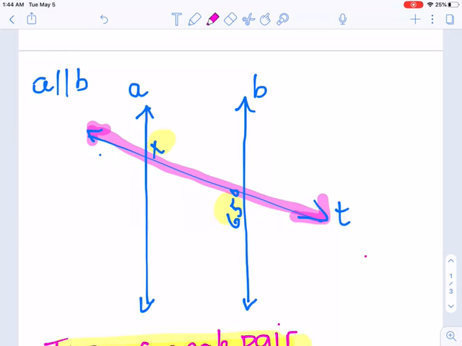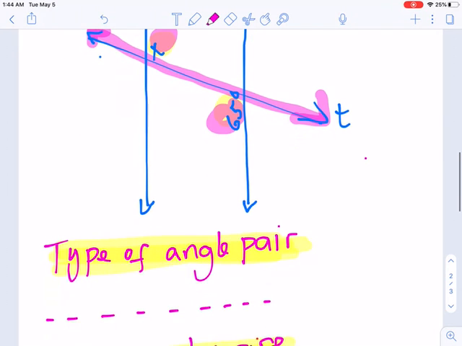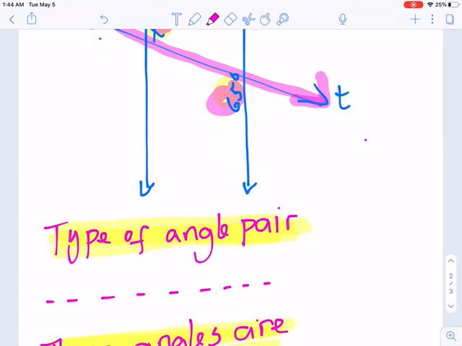X is on the right side and 65 is on the left side. Because they're on opposite sides, they are alternate.